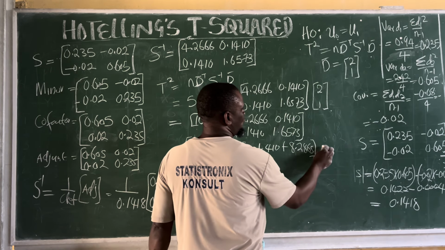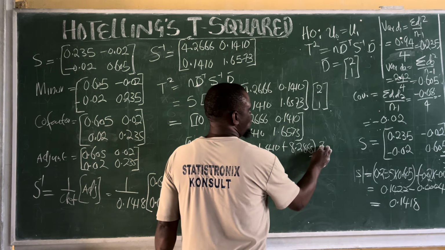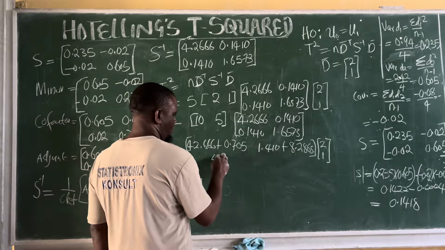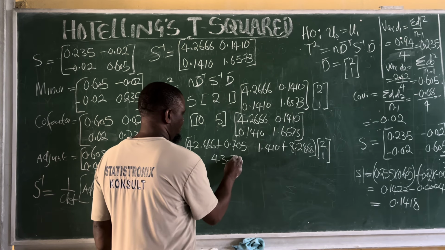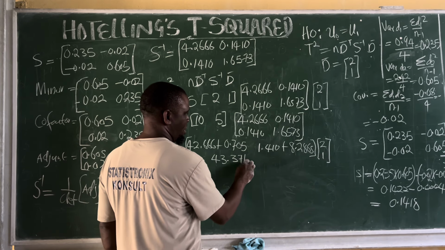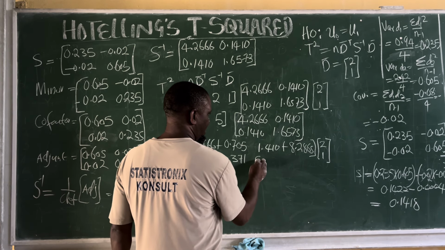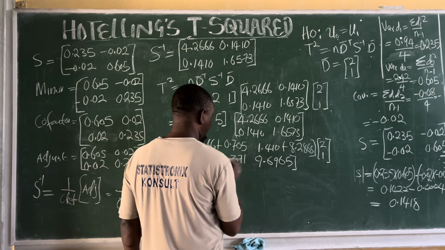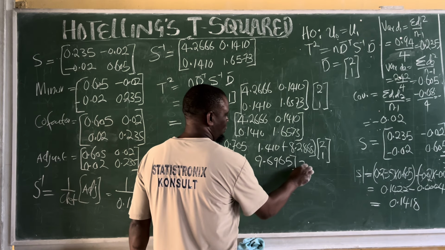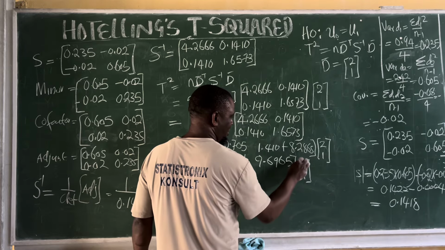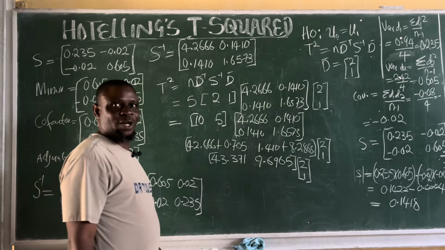And then we have 2 and 1. If you add this and this, 43.371. And if you add this and this, 9.6965. So that is what we are multiplying by 2 and 1. Now look at the nature of the multiplication.